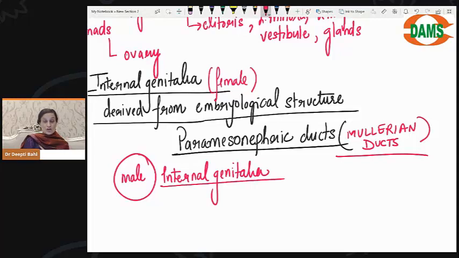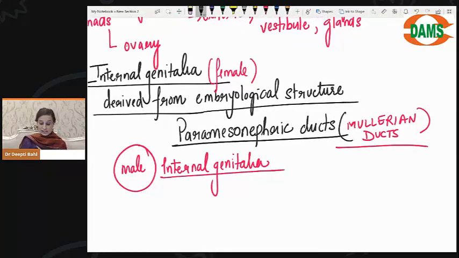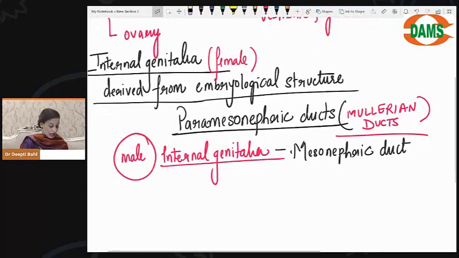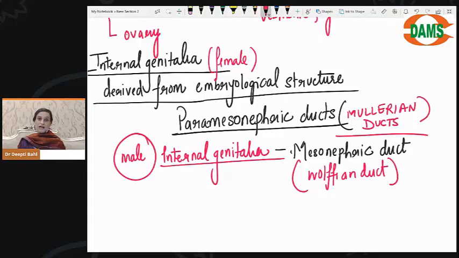The male internal genitalia are derived from a structure which is called mesonephric duct, and the other name for mesonephric duct is the Wolffian duct.